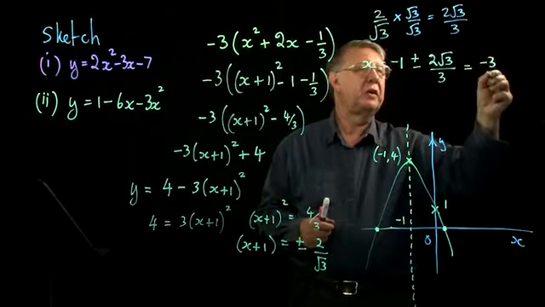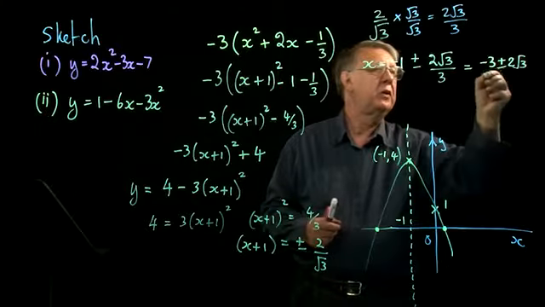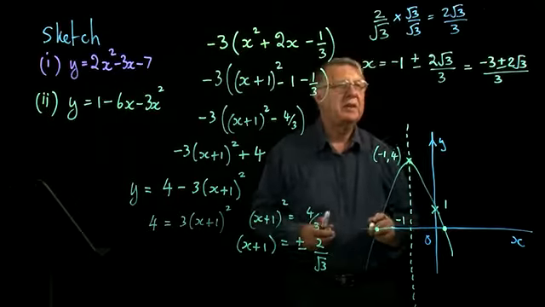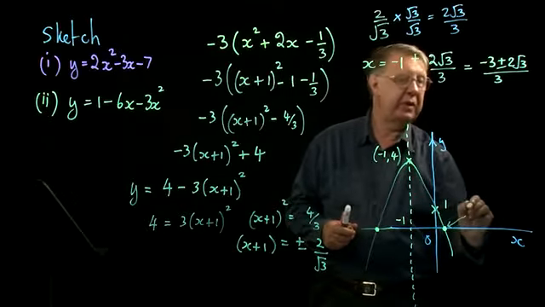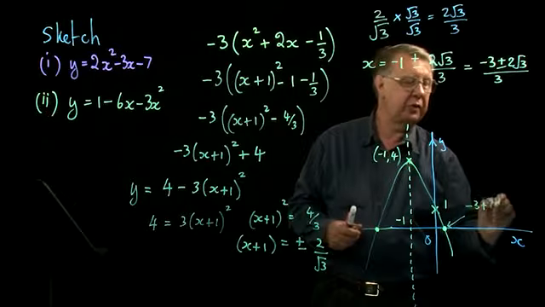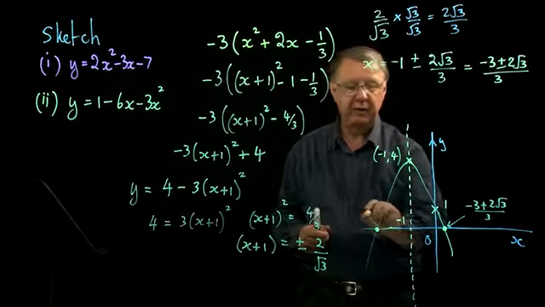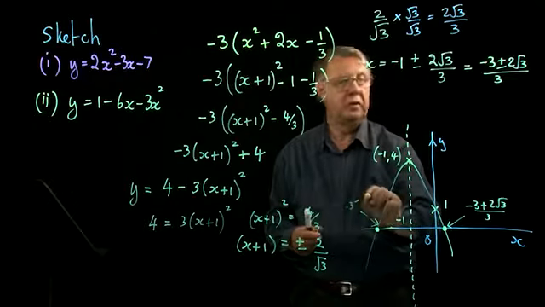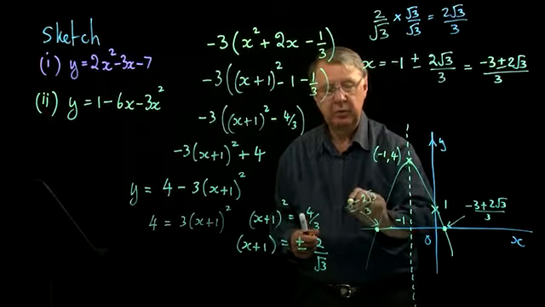So I would rather we write this as negative 3 plus or minus 2 root 3 all over 3, because I think that makes it easier to indicate this point here will be negative 3 plus 2 root 3 over 3. And this point here will be negative 3 minus 2 root 3 over 3.